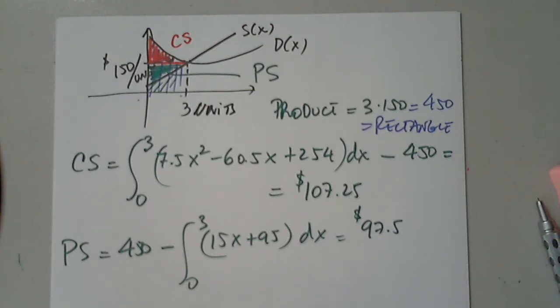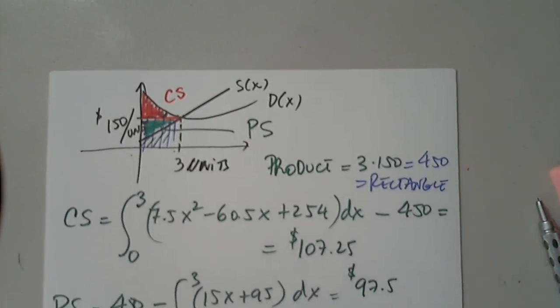So 3 times 150 is 450. I'm asking a different question. I'm asking how you got the 150, because I understand how you got the 3, but I don't understand how you got the 150. I know you did 45 plus 95.